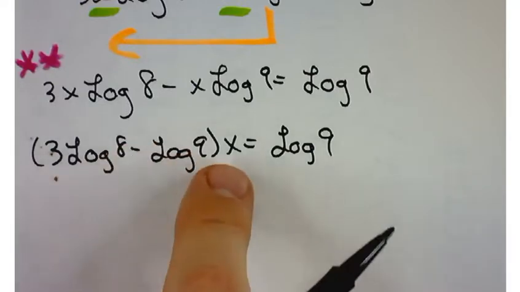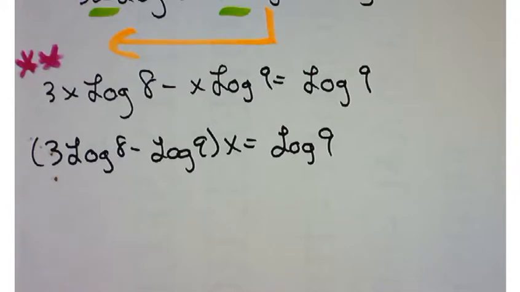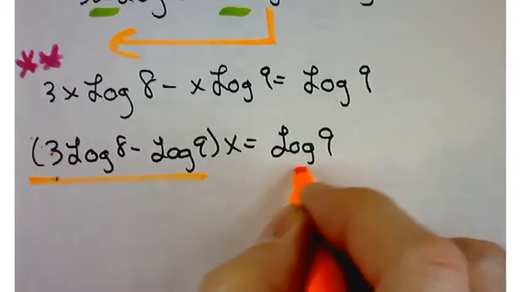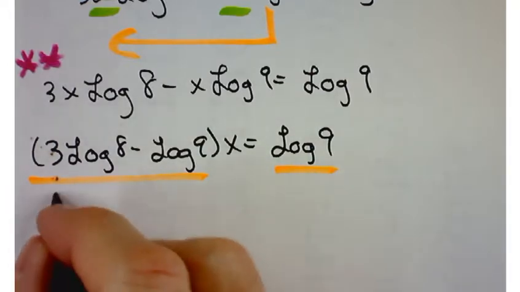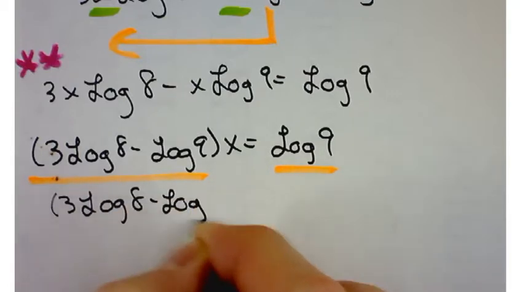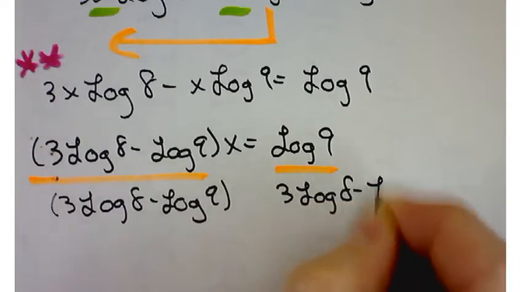Last but not least, x is being multiplied by something. To get rid of that multiplication, what do we do? Divide. So I'll actually take the time to show it here. We're going to divide both sides by 3 log of 8 minus log of 9.